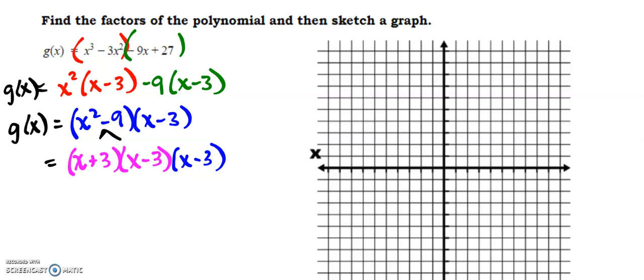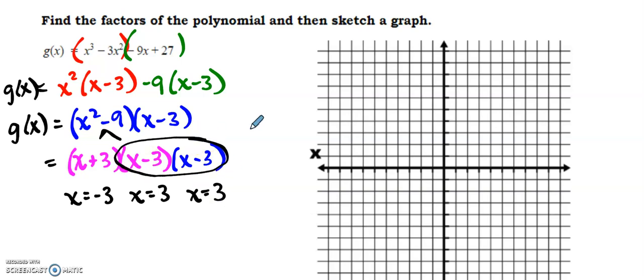So now if I go through and I find my zeros, I'm going to get x equals -3, x equals 3, and x equals 3 again, because these two together could have been written as x minus 3 to the second power. So remember, when we have an even power or an even multiplicity, we're going to bounce.